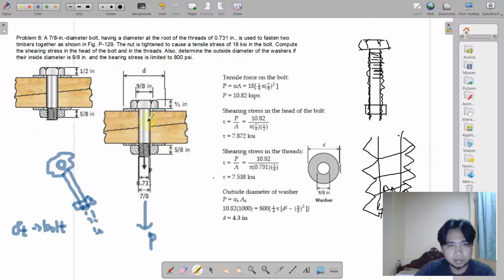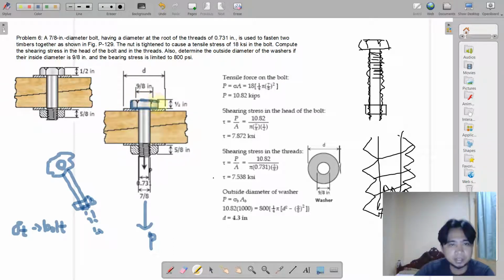What else? The shearing stress at the head of the bolt. This is similar to the principle of the punching shear, because we have a downward force here, and at the same time this head of the bolt is restrained, or it is locked at the top.